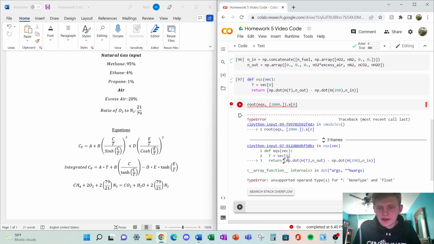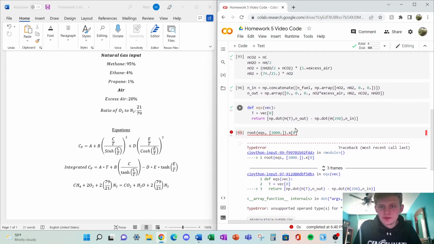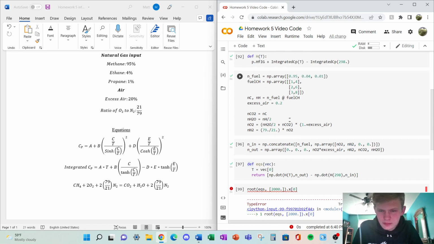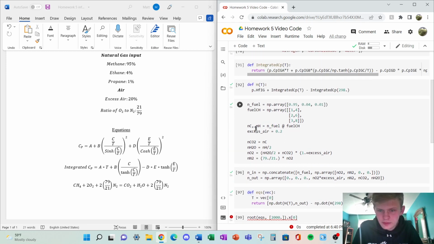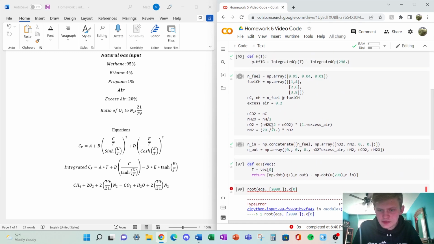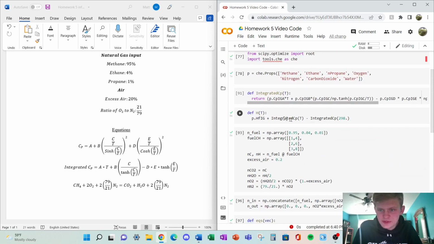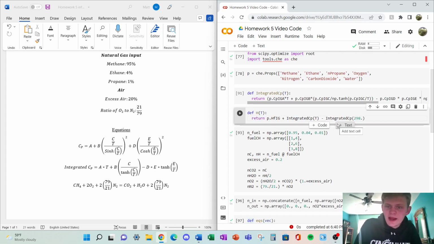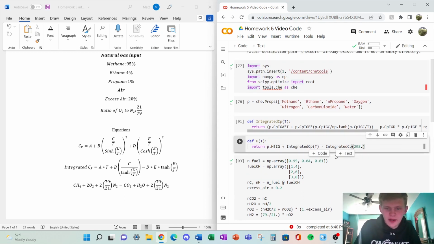I know that's not right, but we need this last part to get an actual value out of it instead of just a series of values. What did I mess up? Access error, so something is not being represented. Oh, I see what I did. I messed this up again. Okay, yeah, I forgot to put a return on our second function for our enthalpy. So that's why it's not working.